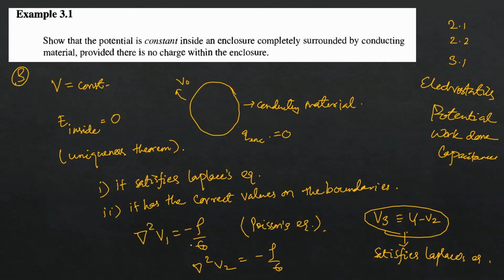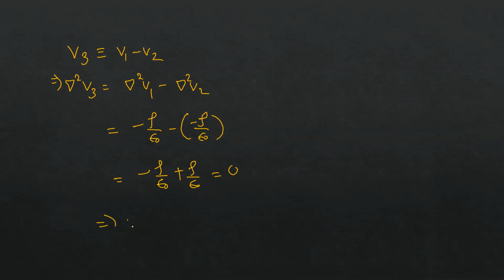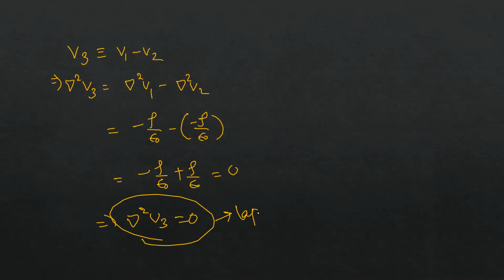If V3 is equal to V1 minus V2, then del square V3 is equal to del square V1 minus del square V2. Del square V1 is minus rho by epsilon naught, minus del square V2, which is minus rho by epsilon naught. So this becomes minus rho by epsilon naught plus rho by epsilon naught, that is 0. So del square V3 is 0, which is your Laplace equation, a special form of Poisson's equation.